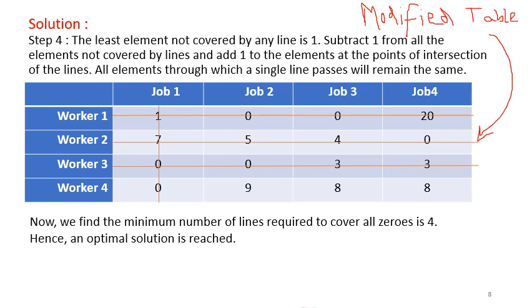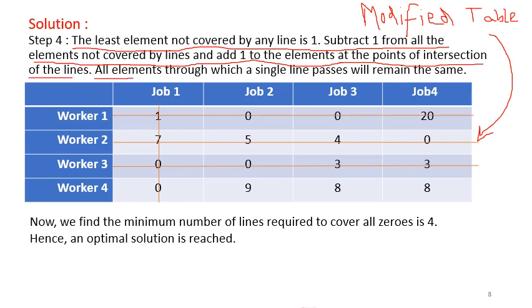So in the new table now, the minimum number of lines required to cover all the zeros, only horizontal and vertical lines you have to draw. In this particular new modified table, after you have applied all these rules, the least element not covered by any line is 1, subtract 1 from all elements not covered by the lines and add 1 to the elements at the point of intersection of horizontal and vertical lines.